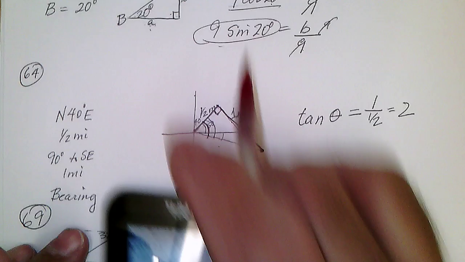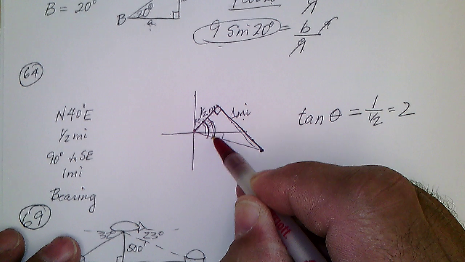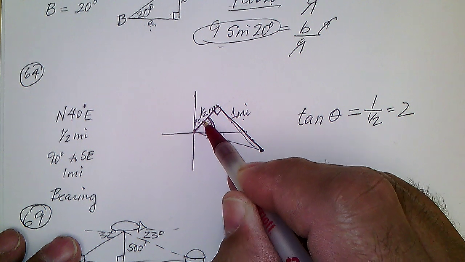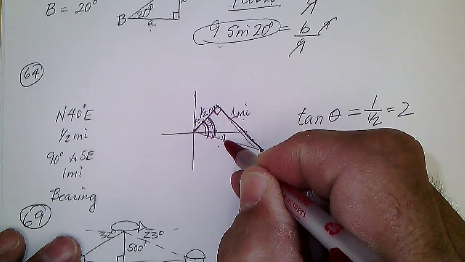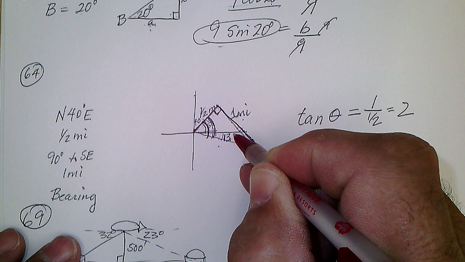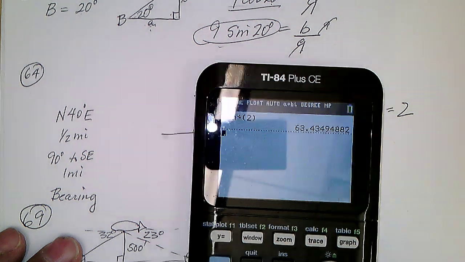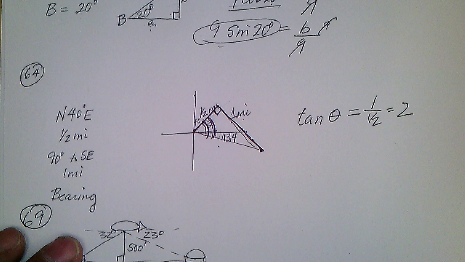It says 63 degrees. So this is 63 degrees, the big angle. And if this is 50 above, that means this angle right here is 13.4. 50 from the tangent inverse of 2, 13.4 degrees.